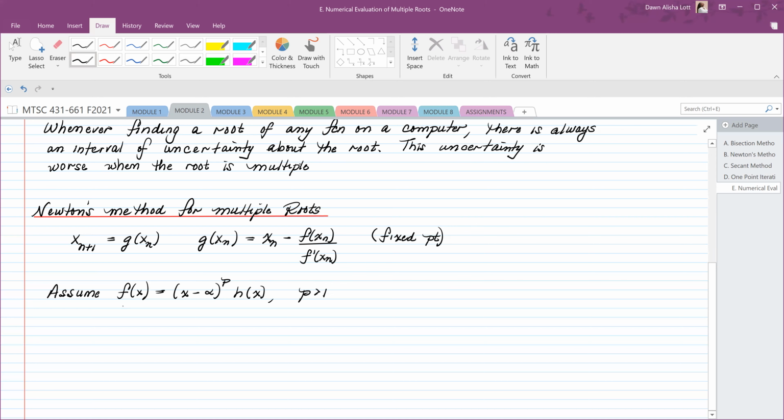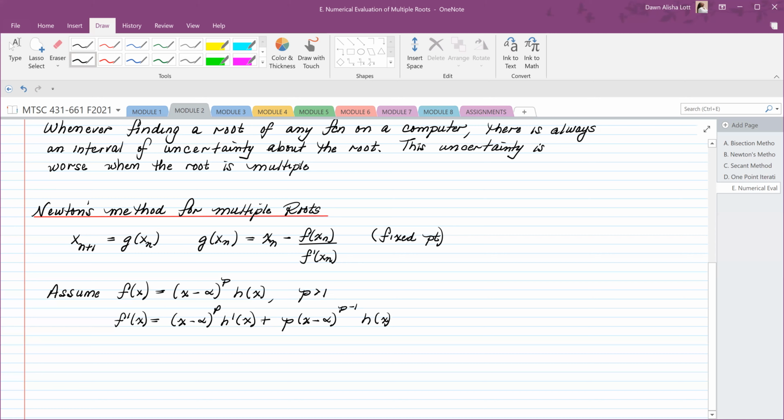So we can take the derivative of that. And so when we take the derivative, we get the first times the derivative of the second, plus the derivative of the first times the second.